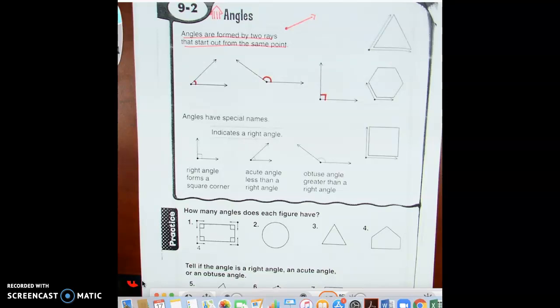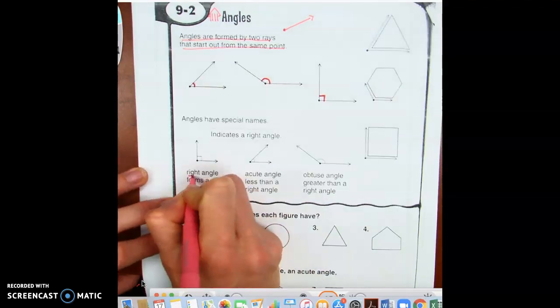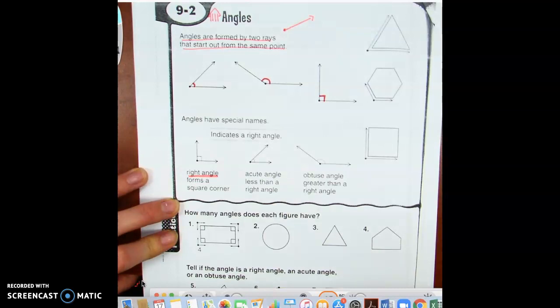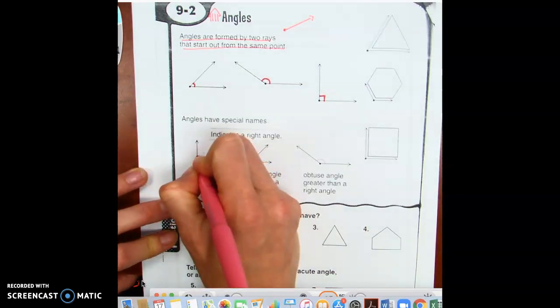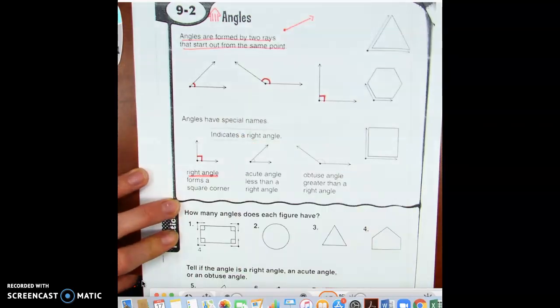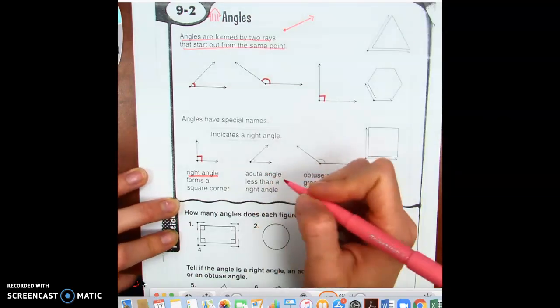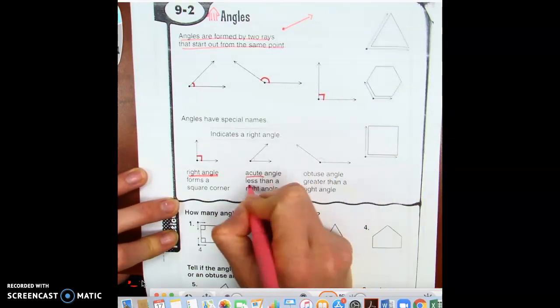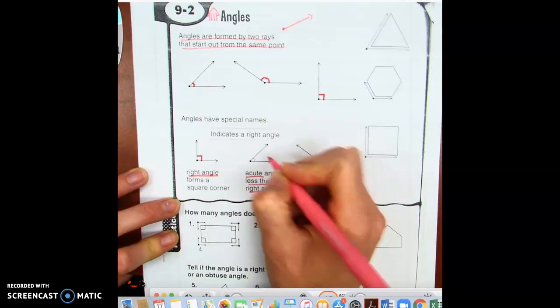So the first one we want to talk about is a right angle. And a right angle forms a square corner. So if you look at the angle here, this is called a right angle. It's 90 degrees and it forms a square corner. An acute angle, we say, oh, it's so cute because it's so tiny, because it's less than a right angle.